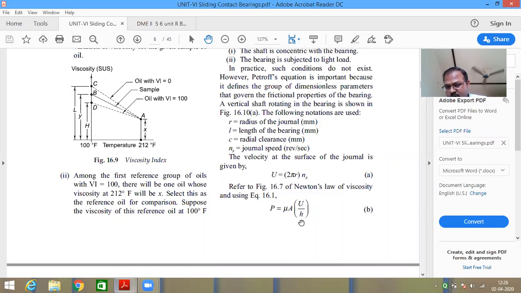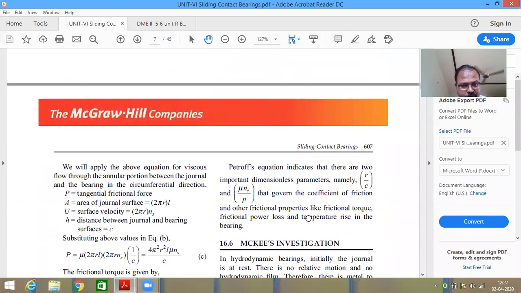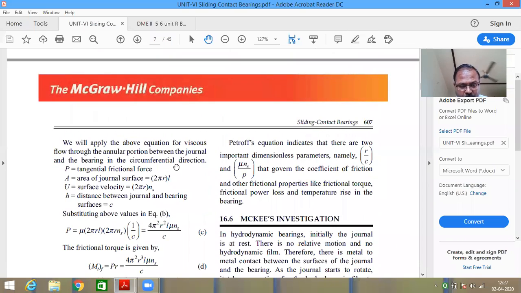It is the rate of change of shear strain, and mu is the coefficient of viscosity. So Newton's law of viscosity can be rewritten as P equals mu into A into capital U upon H. Now we will apply the above equation for the viscous flow through the annular portion between the journal and the bearing in the circumferential direction.